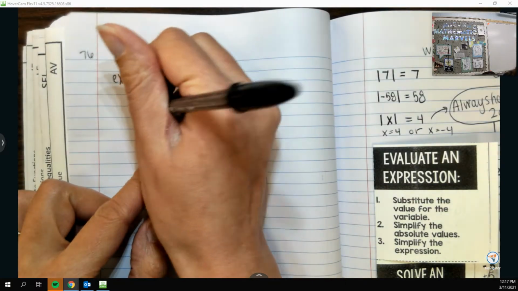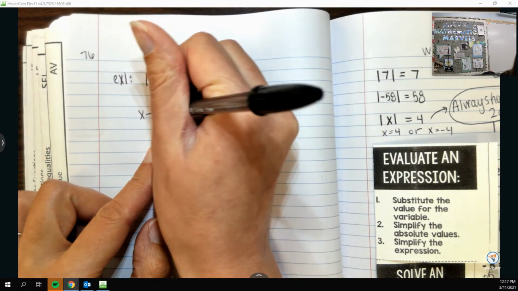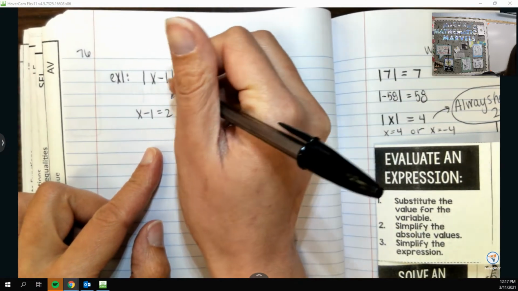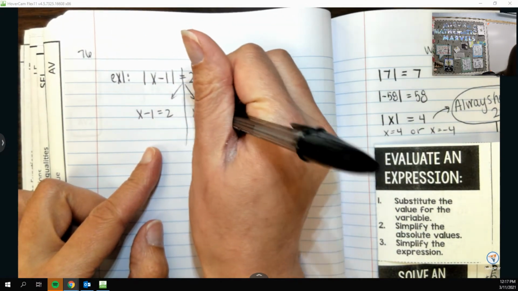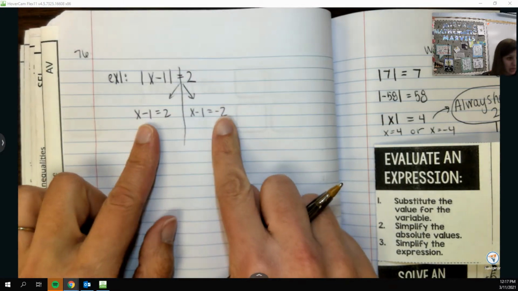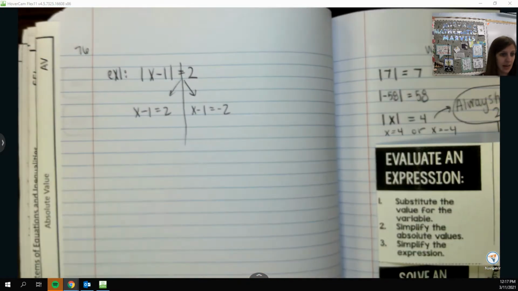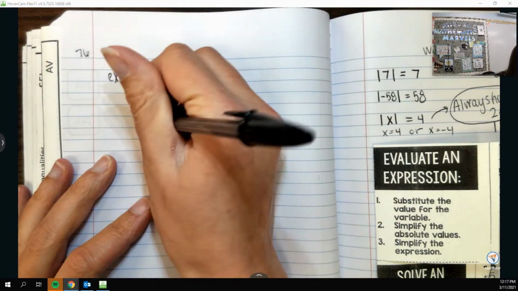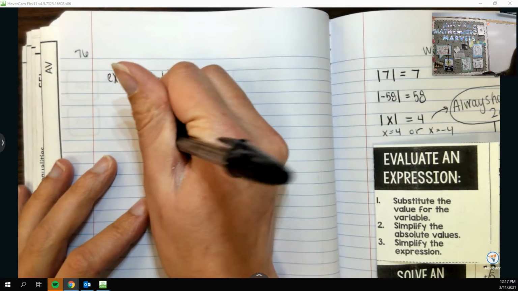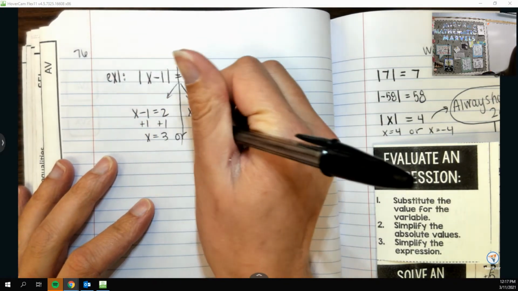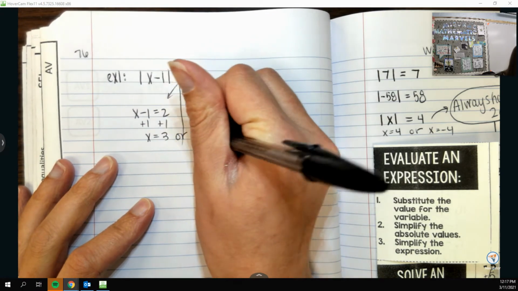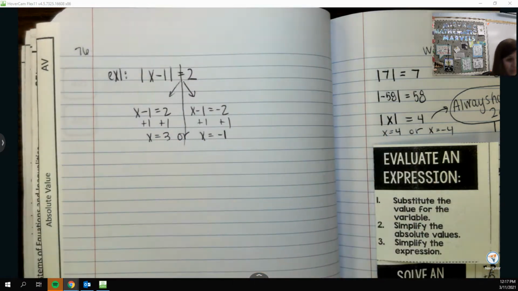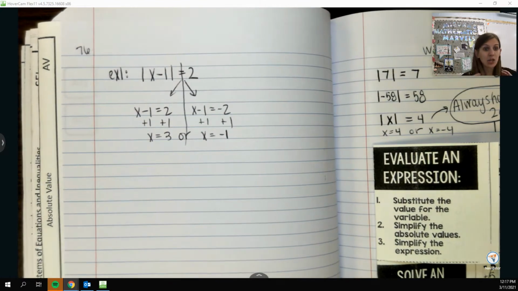So we set what's inside the bars equal to 2 because it could be that, or it could have been -2. So we get our two equations, always two equations because we're always going to have two answers. And so then we just solve each one. So x equals 3 or x equals -1.